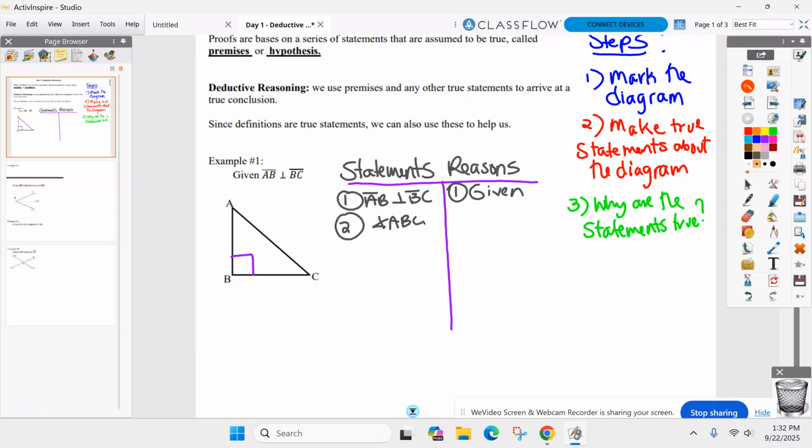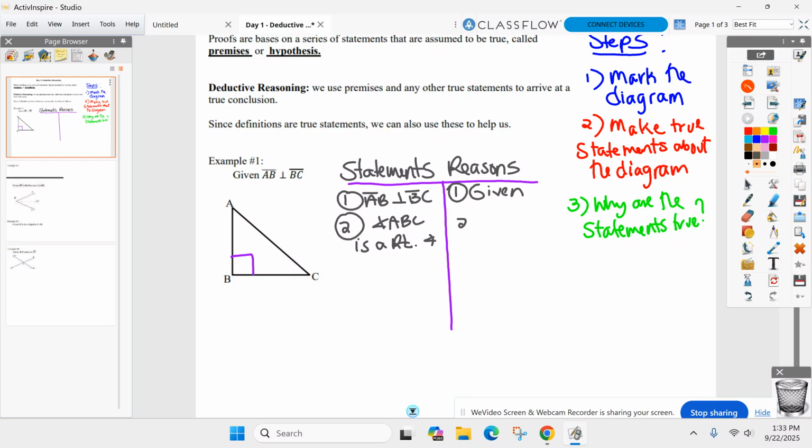I actually want to call it what it is, which is a right angle. Heads up, you are now going to see me use abbreviations. Whatever abbreviations I use, you are more than welcome to use them. So I'm going to say is a right angle. There's my abbreviation. Feel free to use them. If you want to write it out in words, that's fine. Does everyone agree? That's definitely true.